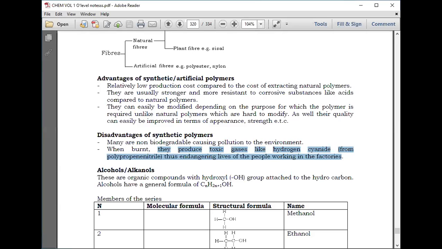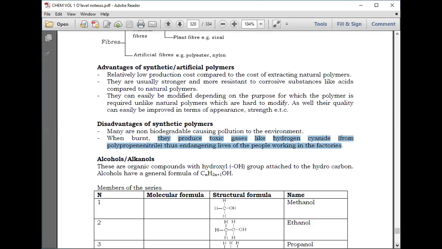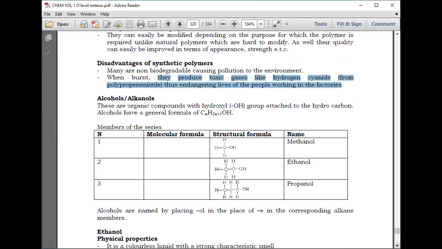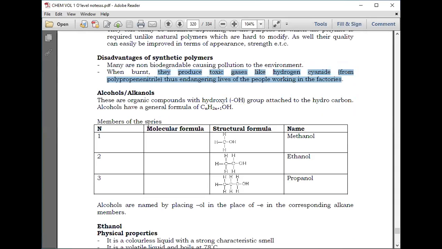Now, let us focus our attention on alcohols. So we have finished talking about rubber. We are now on alcohols. What is an alcohol? Alcohols are organic compounds that have this group.